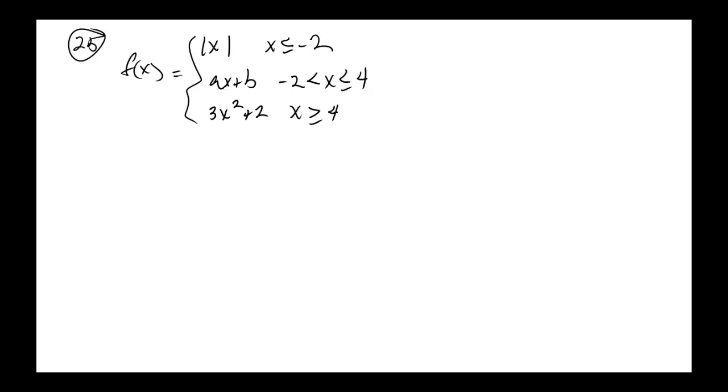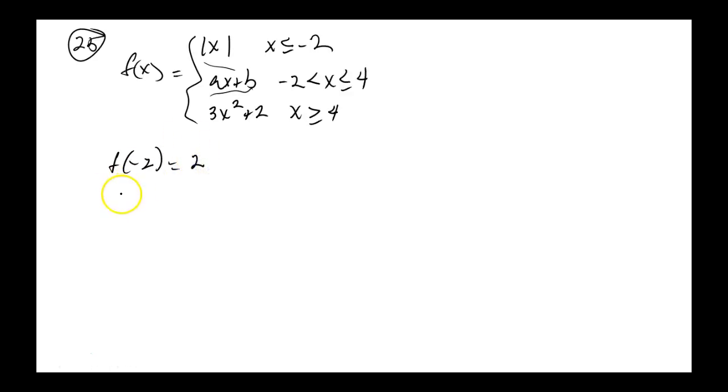So we need to find where it's continuous. All it needs is continuity, right? Basically this thing has to equal this thing at x equal -2. And of course, f of -2 is equal to 2.